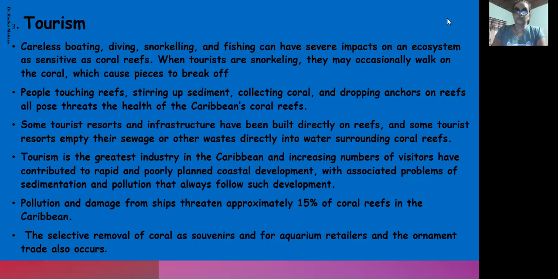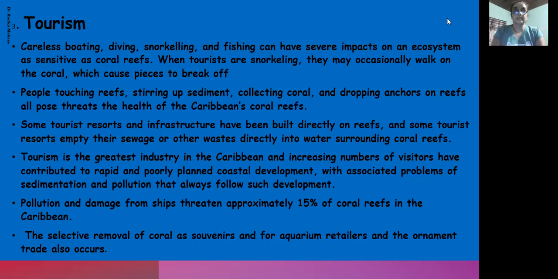All these pose a threat to the health of the Caribbean's coral reefs. Some tourist resorts and infrastructure have been built directly on reefs, and some tourist resorts empty their sewage or other waste directly in water surrounding the coastal reefs, which directly damages the reefs.